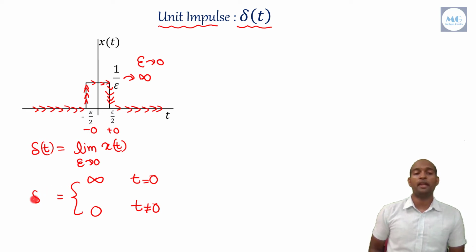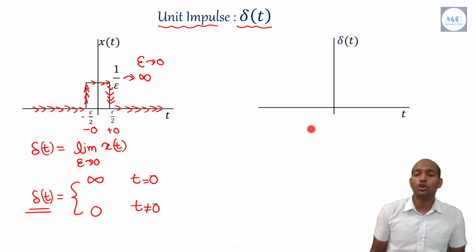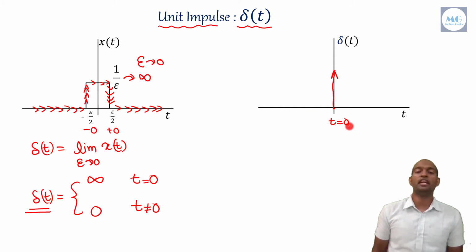If any signal is like this, then we will call it delta t. Otherwise, we also represent it like this: just an arrow mark at any point. And for the unit impulse at t equal to 0, its value will be infinity. Then it is called the unit impulse signal. Okay, this is the delta t.